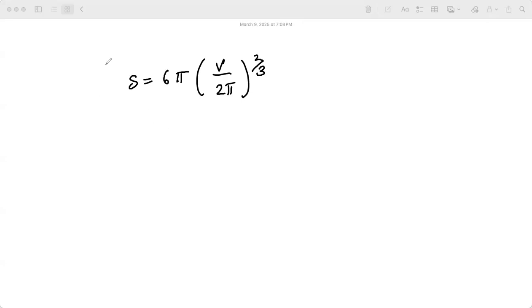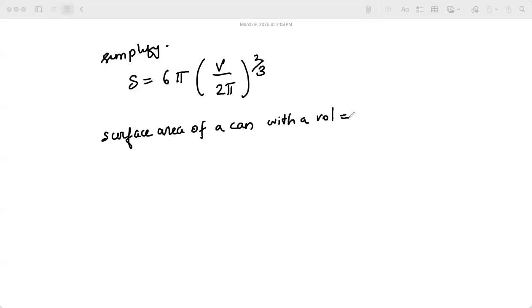So first you simplify this formula and then find the surface area for a can with a volume of 440. You can use calculators, with a volume of 440 centimeter cubes.